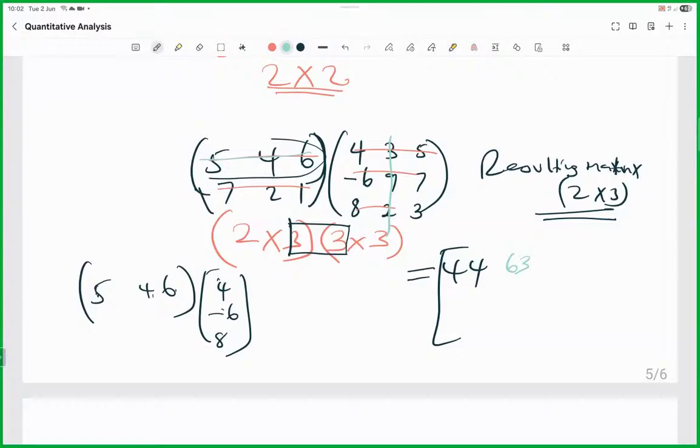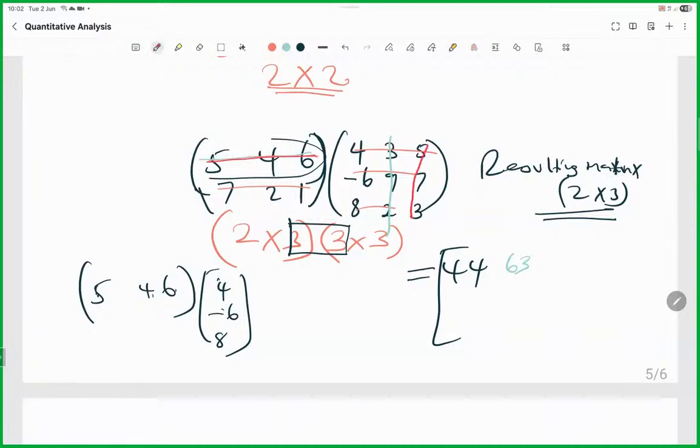Speed is of the essence here. If the speed is not very high, then you will not be able to finish questions. Take the third one, still picking the same row, this third column now.